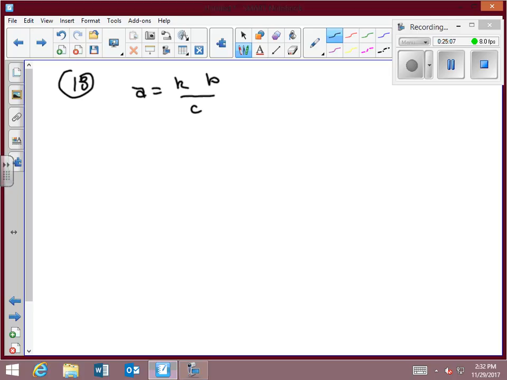It says C varies, so looks to me like what you want to do with that problem is get C by itself on the left-hand side. So in order to do that, we're going to have to divide both sides by A, right? And then multiply both sides by C. Now we have the equation C equals KB over A. Now look at the last part of that sentence.